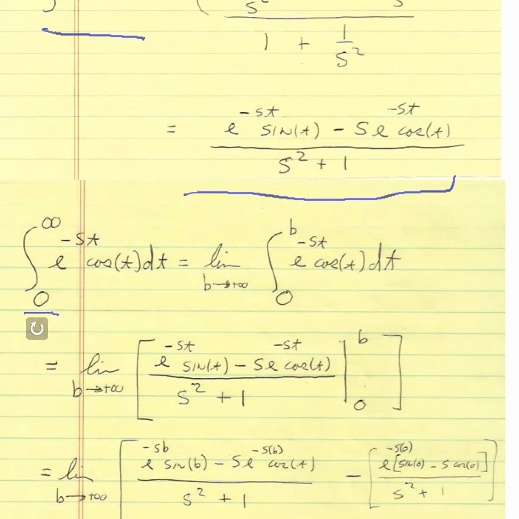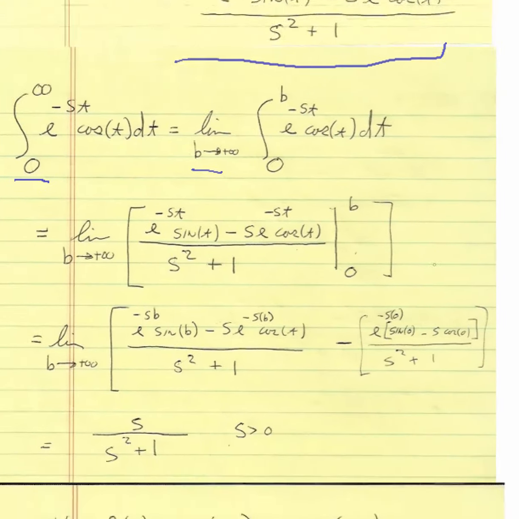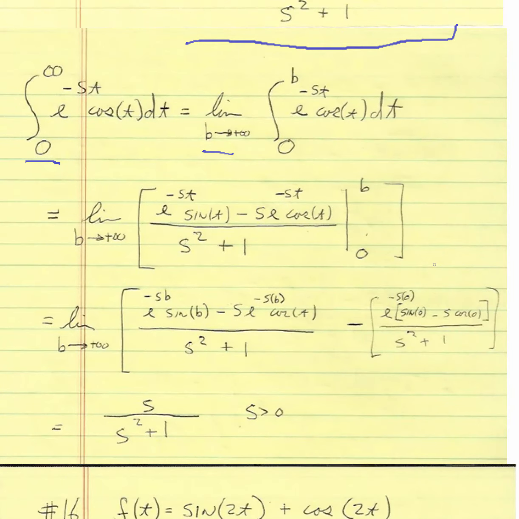That is, it's the limit as b approaches plus infinity of the definite integral from 0 to b of our function that we're integrating, and then using our calculation above, by integration by parts, I substitute, and using the fundamental theorem of calculus here.